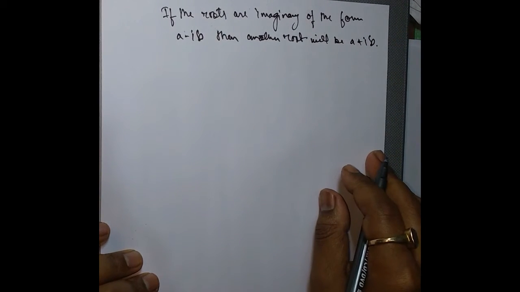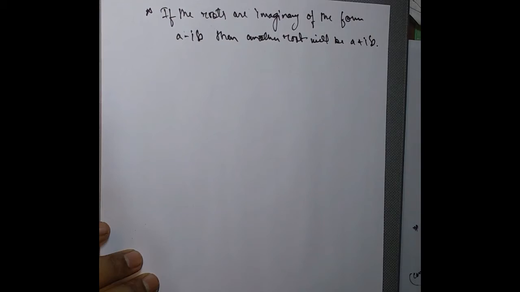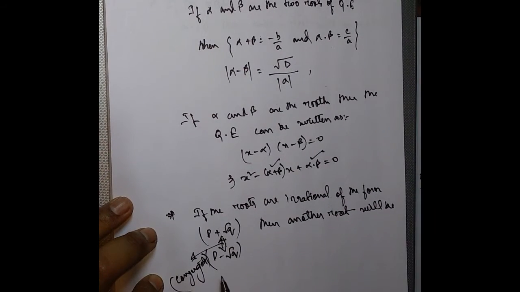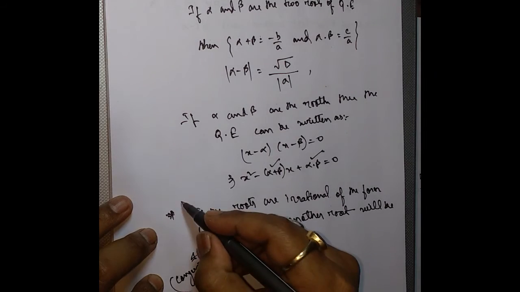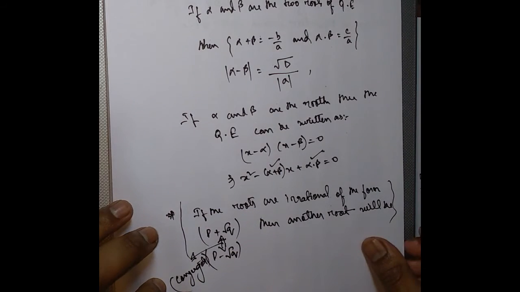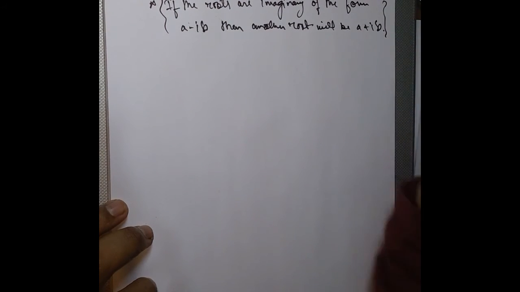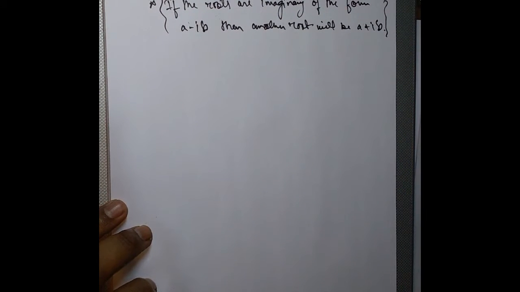Okay, these are two important things. Which ones? I just said the irrational conjugate one and this imaginary conjugate one. This conjugate property is very important, and the imaginary roots are very, very important regarding quadratic equations.